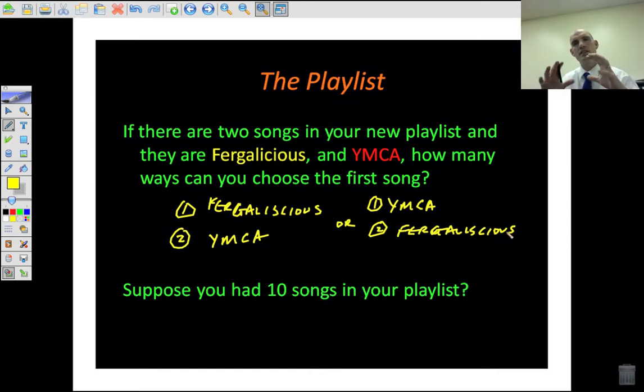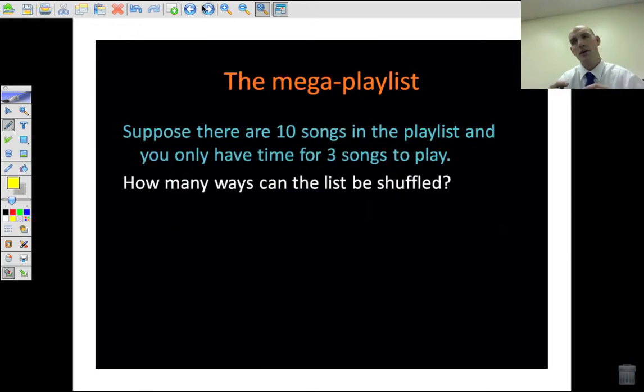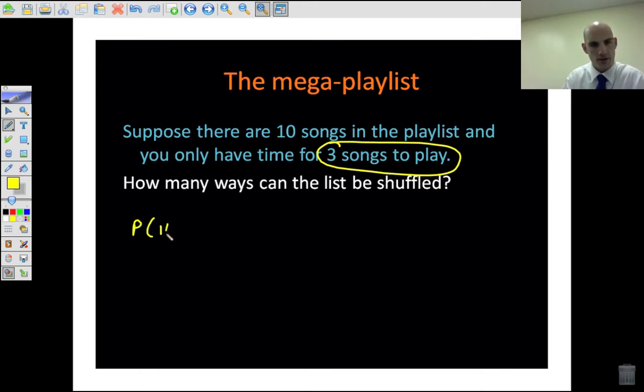But what about if it gets a little bit more complex and we have 10 songs and we're talking about a bigger playlist? If we had 10 songs and we only had 3 songs to play, if we think about how many ways it can be shuffled, this is how we're going to write it. We're going to say something like this: P of 10, 3.